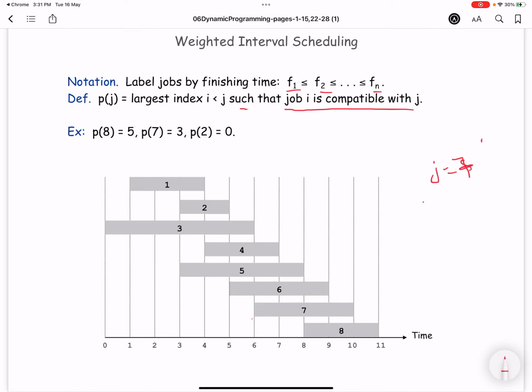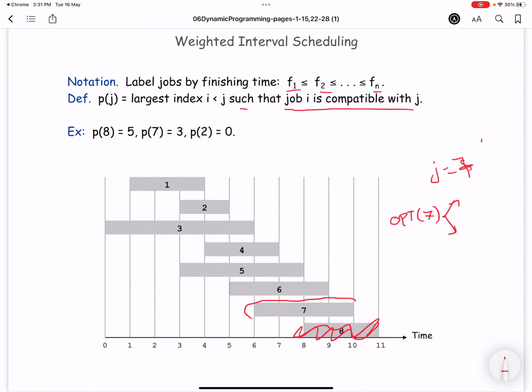Imagine J is 7. So I will consider the jobs from 1 to 7. Like 8, I will not consider it yet. So I have two options for opt7. I have two options, either to select job 7 or not.